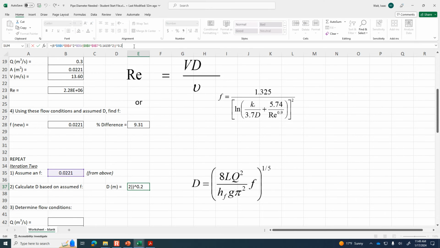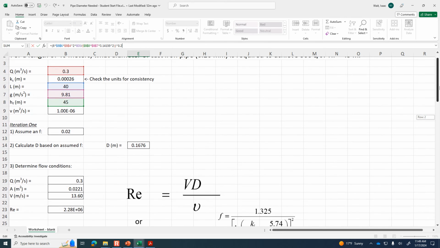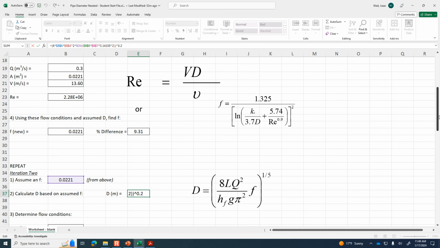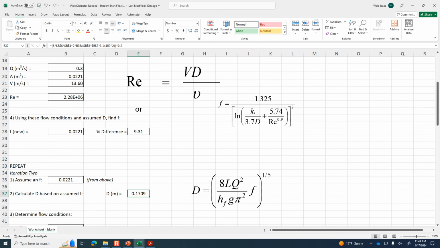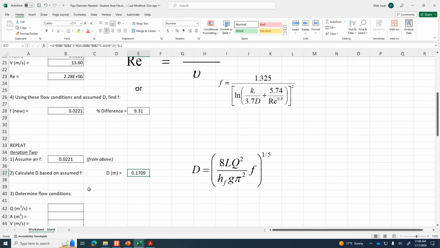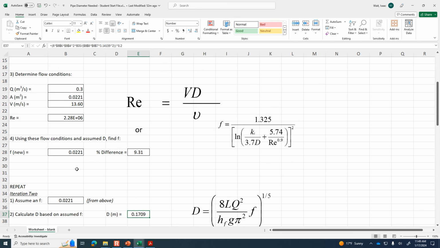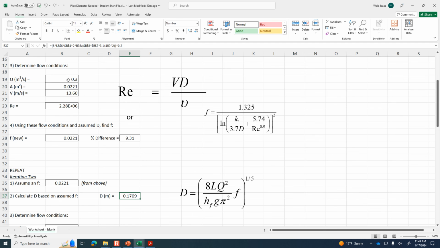And what it's doing is it's calculating the diameter with the new F value, but with all of the constant pipe length, head loss, G values, and so on. So you'll notice that the diameter that we calculated the first time said 0.16 meters. Now it's 0.17.